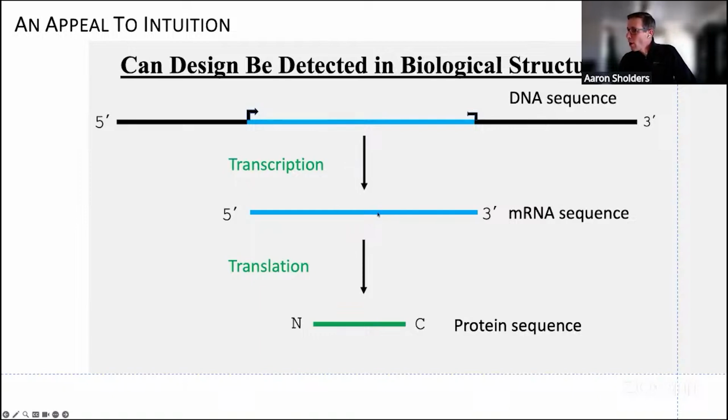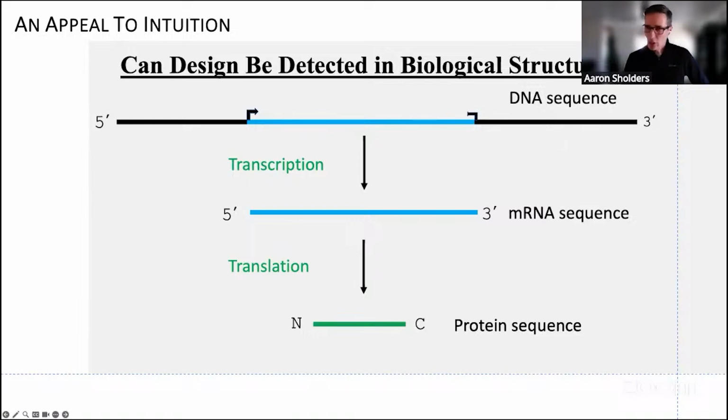And then that mRNA sequence can leave the nucleus, go out into another environment in the cell that we call the cytosol, and it will encounter a large number of other machines, RNA and protein machines, and that will go through a process called translation, where it will actually change languages from RNA into the protein. Okay, to understand what we're saying here, this DNA encodes this amino acid sequence.